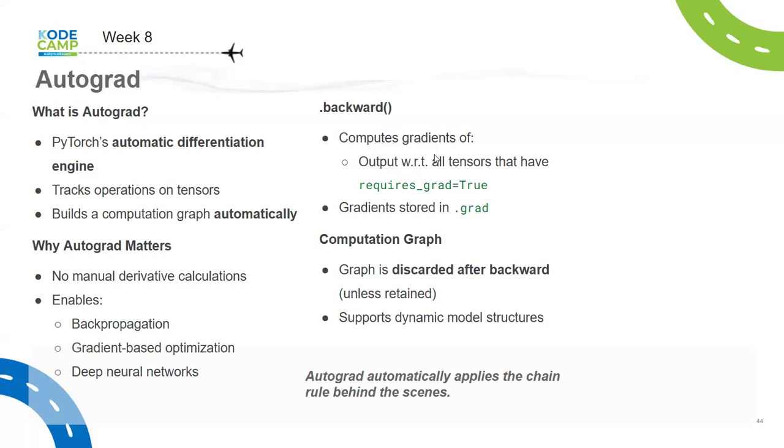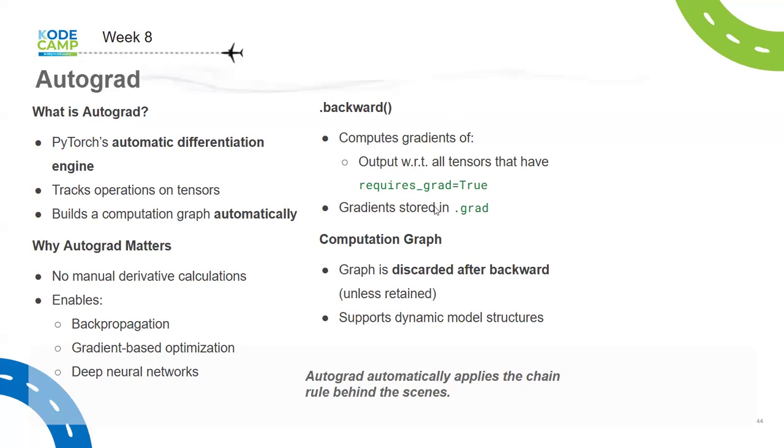And you register that by specifying requires_grad equals True. Those gradients that it calculates are stored in a property called grad. Note that the gradients are actually numbers, the calculated gradients. It's not the formulas for calculating them. The formulas are part of the framework, and that's how it's able to do that.